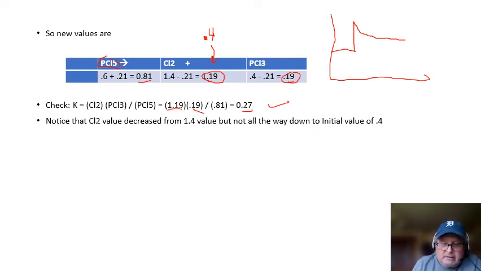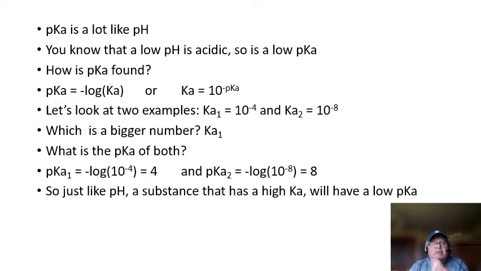Now the other thing I wanted to do, I'm not sure how clear it gets through, is looking at Ka and pKa. Ka is a measure of acid dissociation, and a real simple version is Ka is equal to the amount of conjugate base over the amount of acid.